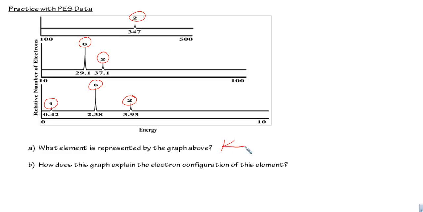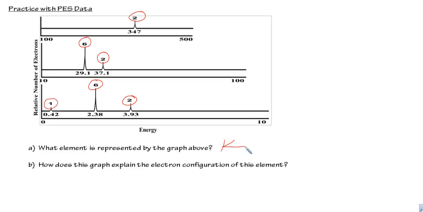And again, we can look at these peaks. It does mark in the number of electrons that have that particular amount of ionization energy. So when the peak is really small, I know that there's probably only one electron in that orbital. Then I had the peak that had a 2, so that probably represents a full s orbital. There are 2 electrons that have the same amount of ionization energy.